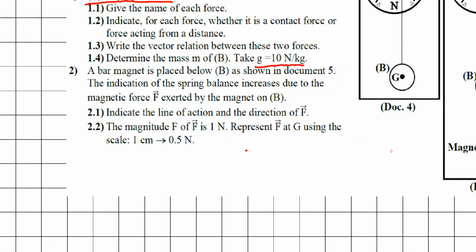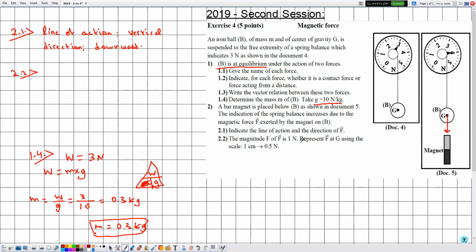Now in 2.2, the magnitude F of F is 1 newton. Represent F at G using the scale 1 centimeter corresponding to 0.5 newton. By represent, we mean we need to draw the vector F using this scale. Each 1 centimeter corresponds to 0.5 newton, and the magnitude of the force F is 1 newton.